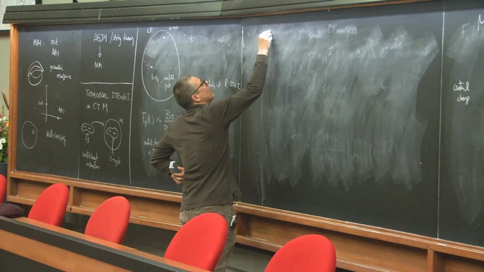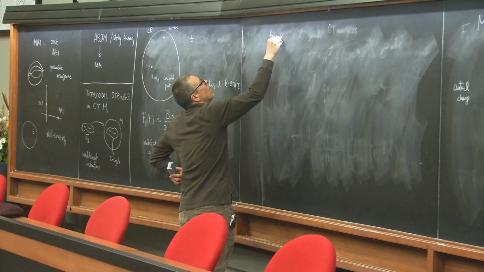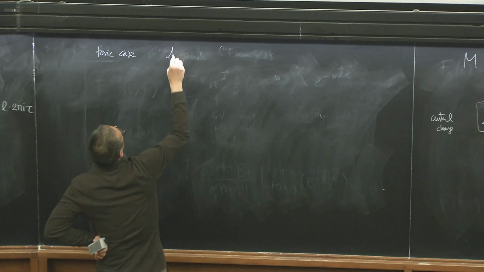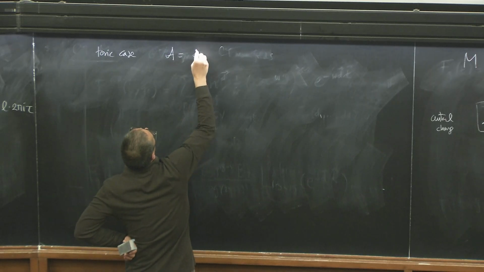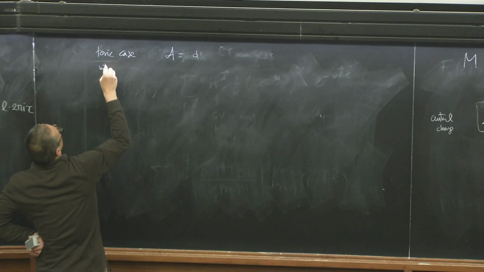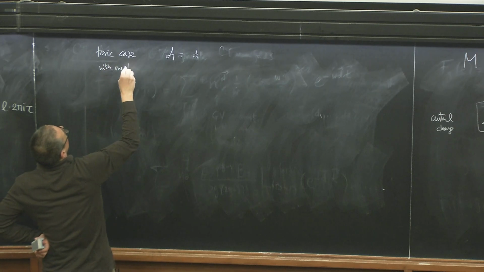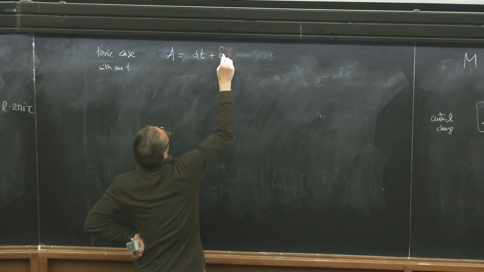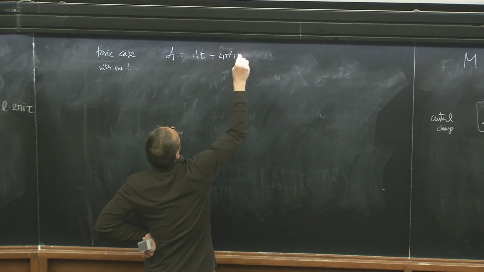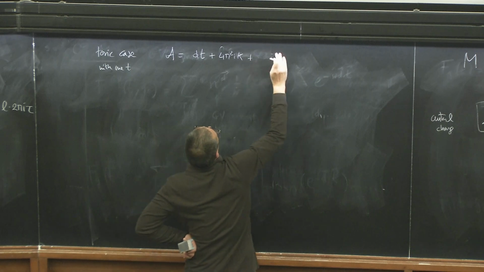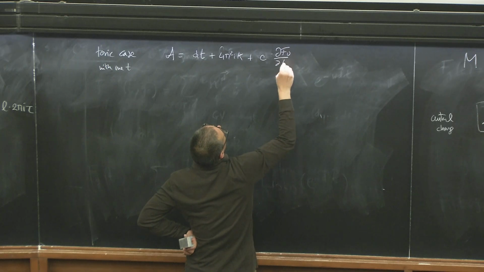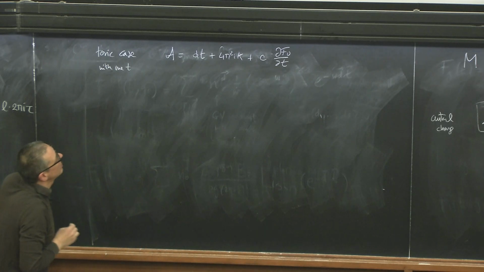But let's consider a toric case, with just one modulus. So here, the standard form of the action is something like this, plus C times dF0/dt, something like that.